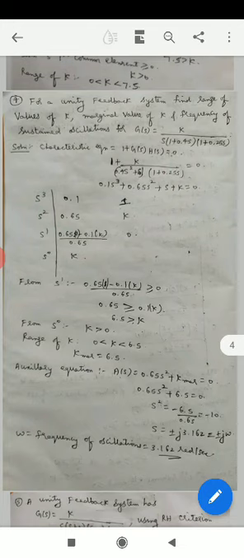If you take the LCM, we write only the numerator part, because the denominator into 0 is 0 only. If you multiply the first two terms in the denominator, you will get 0.1 s cube plus 0.65 s square plus s plus k equal to 0. We don't write the denominator because denominator into 0 is 0 only.